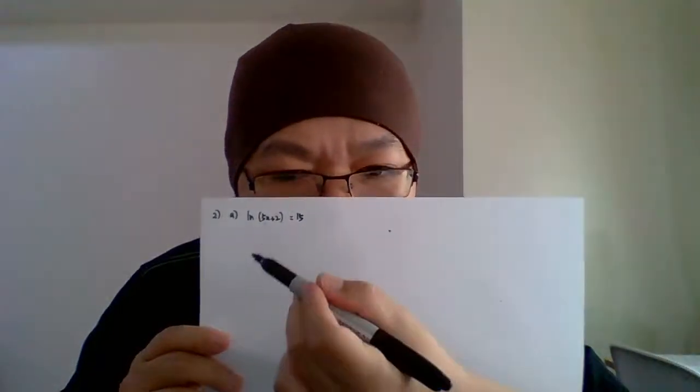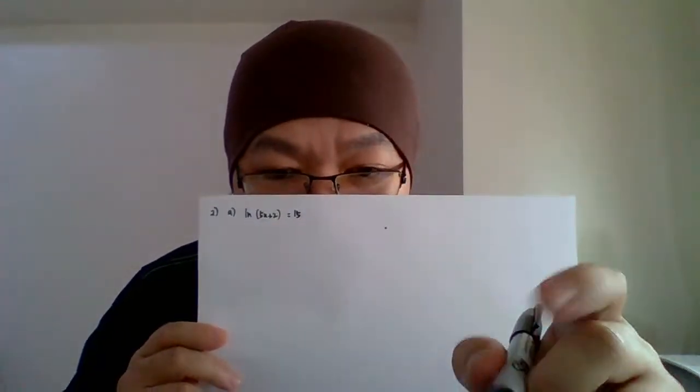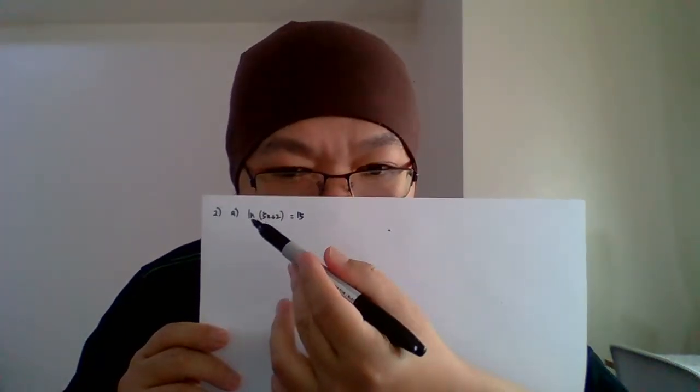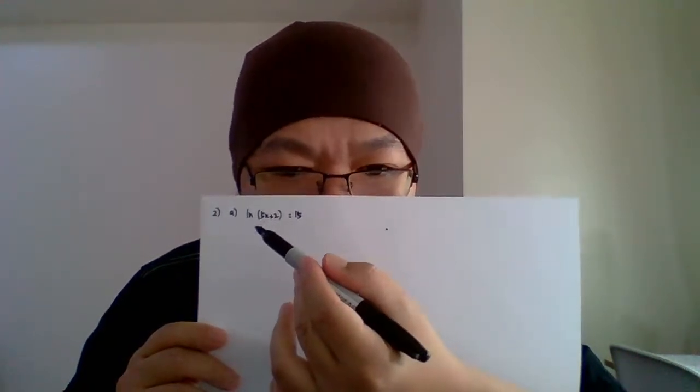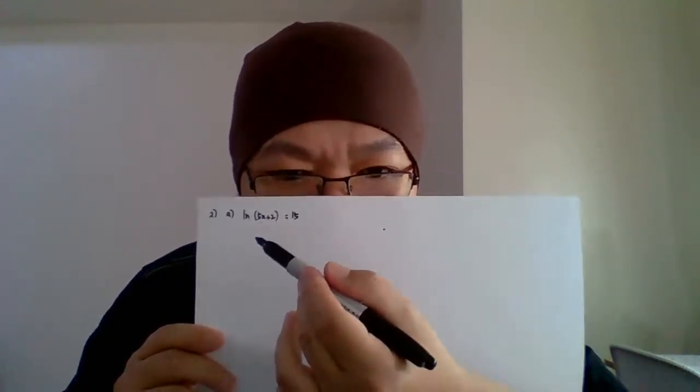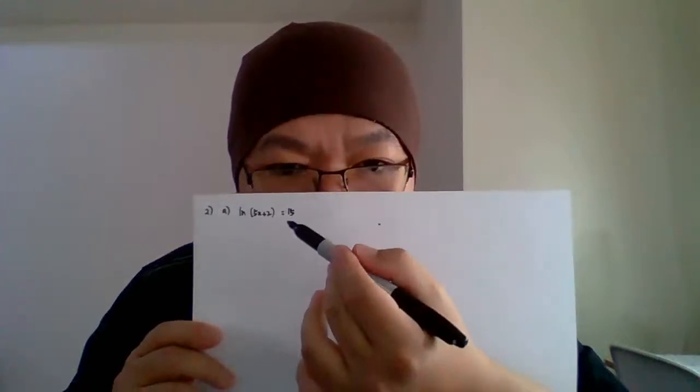I want to solve the problem. I want to find x. I told you how we solve this problem. The next step is just write down 5x plus 2 equal to e to the power 15, because ln actually is log e. Log e of 5x plus 2, when we do the anti-log, the e we bring up to the right side. So it becomes 5x plus 2 equals e power of 15.